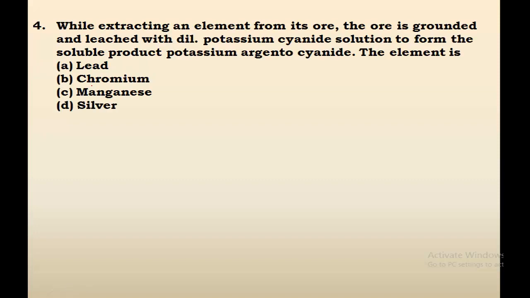Then fourth one, while extracting an element from its ore, the ore is ground and leached with dilute potassium cyanide solution to form the soluble product potassium argentocyanide. The element is. When the leaching process comes, you will go through two processes. One is leaching of alumina, where bauxite is leached, and another one is the cyanide process. In the cyanide process, we use KCN or NaCN.